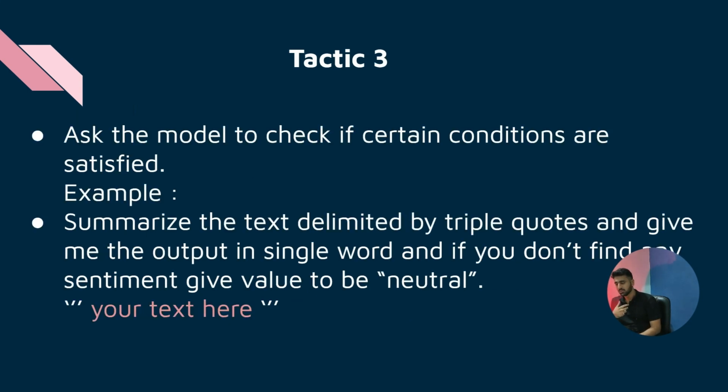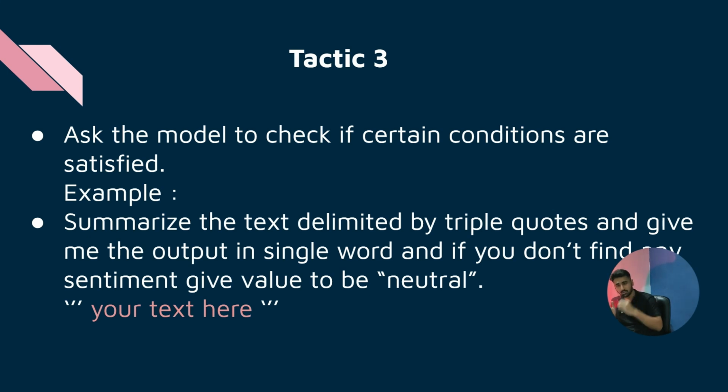Tactic number three is that we should always ask the model to check whether certain conditions are valid or not. Sometimes, if we are not giving certain conditions to the model, it might either give you a wrong answer or it will not give you an answer. Basically, it will give you a long text saying that this answer is not valid. So to handle those cases: if you are not able to find certain things, do this.